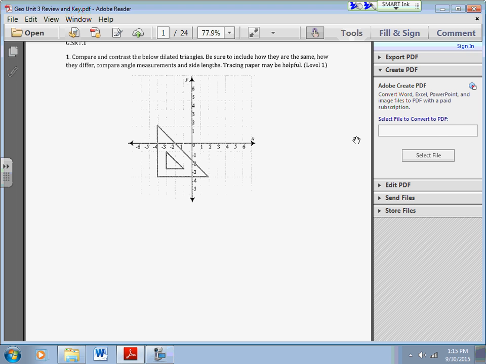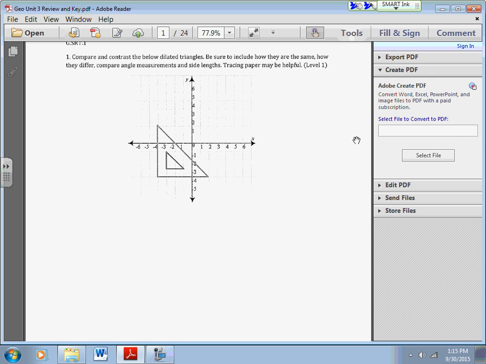It says, compare and contrast the below dilated triangle. Now there was something here that was missing that should have been stated, and it should have told you which one was the original image and which one was the new image, because that does change if it's an enlargement or if it's a reduction.